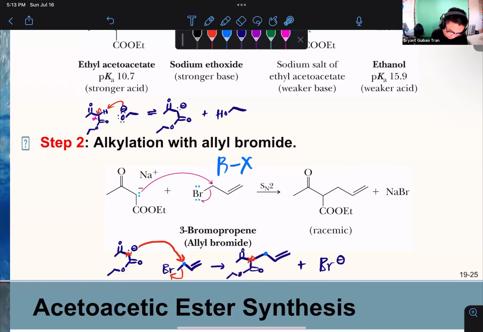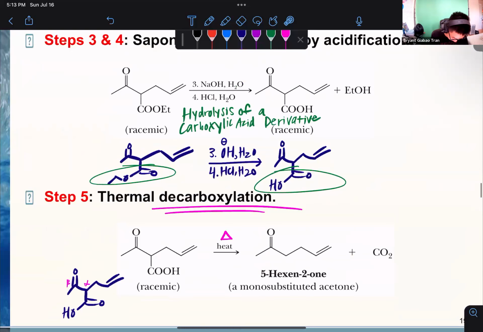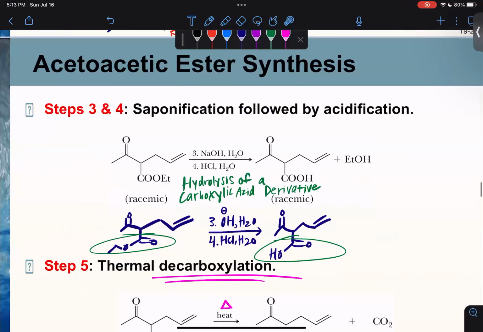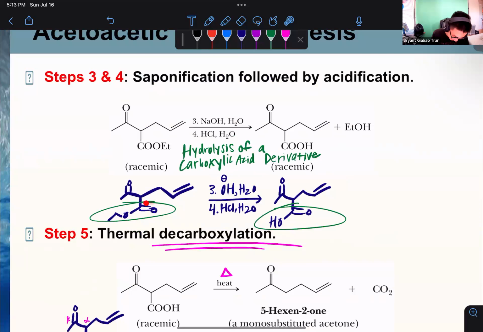That's that. But if you want to do disubstituted, then you just do it one more time. Disubstituted is later, but to keep going on, you see how here we have the ester. We're going to hydrolyze that, since this is a carboxylic acid derivative, back into the carboxylic acid using a base and acid and water.